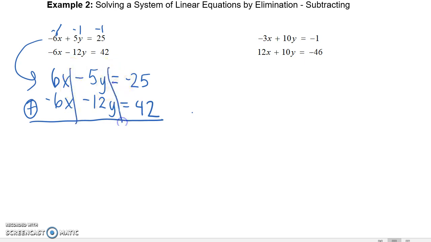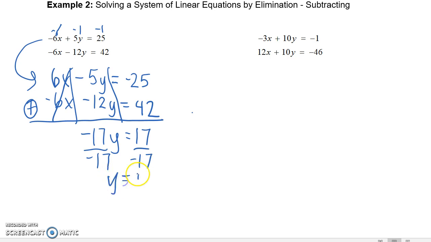Sometimes I put things into columns so I can keep the signs in order. And now I can see in my first column I have opposites. 6x plus -6x is eliminated. And -5y plus -12y is -17y. And -25 plus 42 is 17. And if I divide by -17, I get y equals 1.